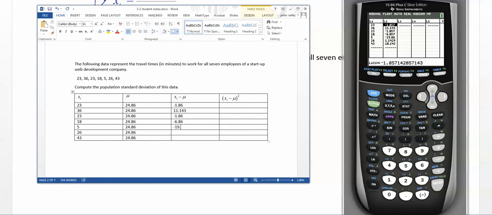Then negative 19.86, 1.14, I guess 14 is fine, and then 18.143.